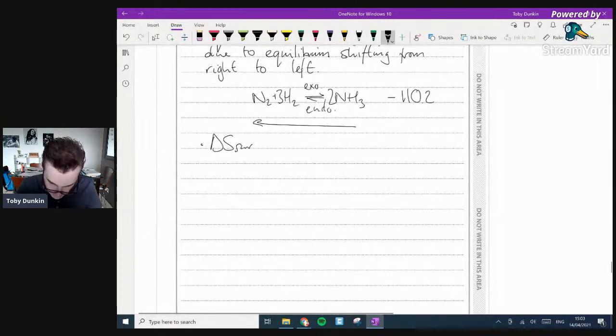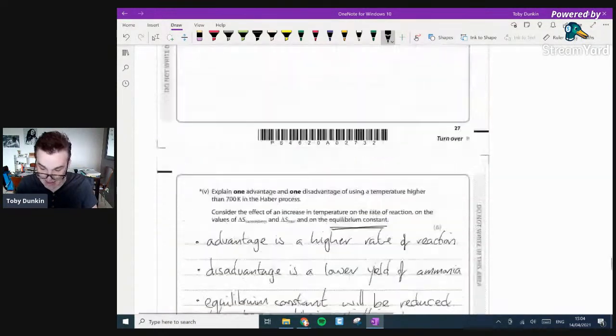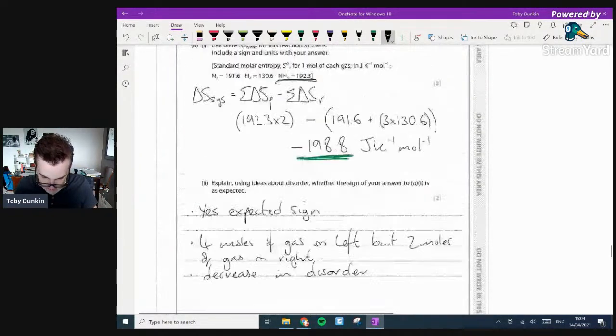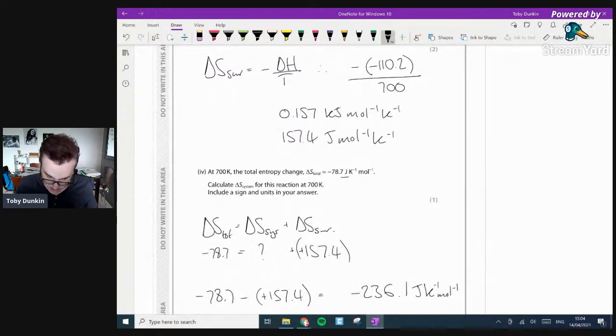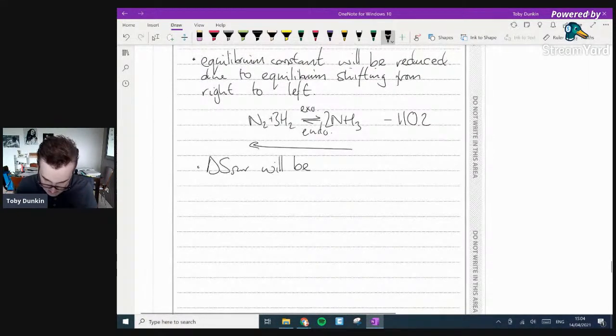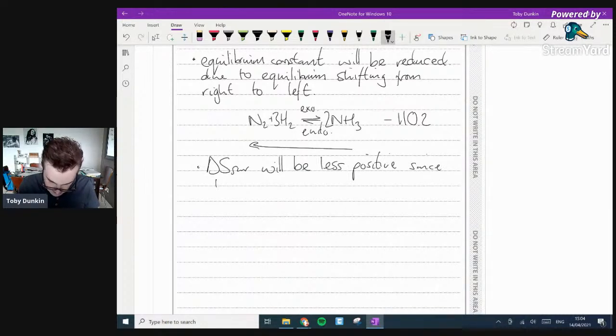The delta S surroundings will be less what? I said last time in the paper, I made a mistake. I said smaller. I'm now just going to say that it's going to be less positive. That was the change. Delta S will be less positive, since T is larger, since temperature is higher.